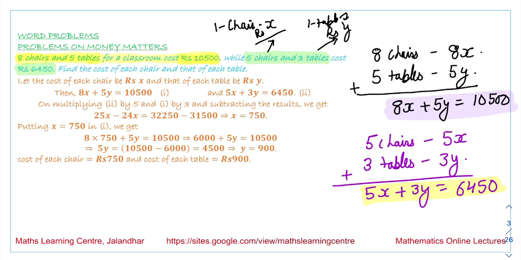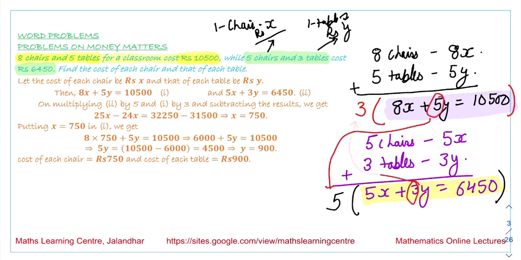We are going to multiply the second equation with 5, and the first equation with 3, and we are subtracting both these equations.